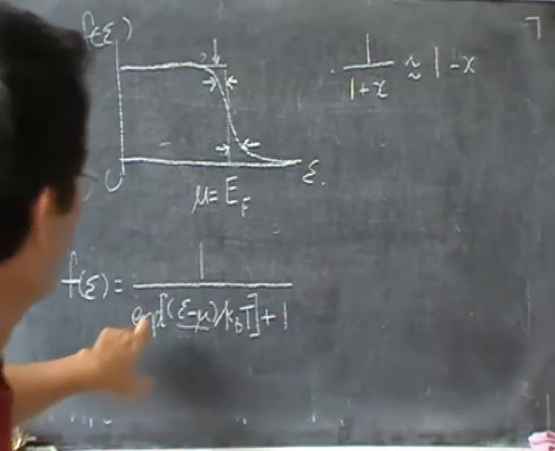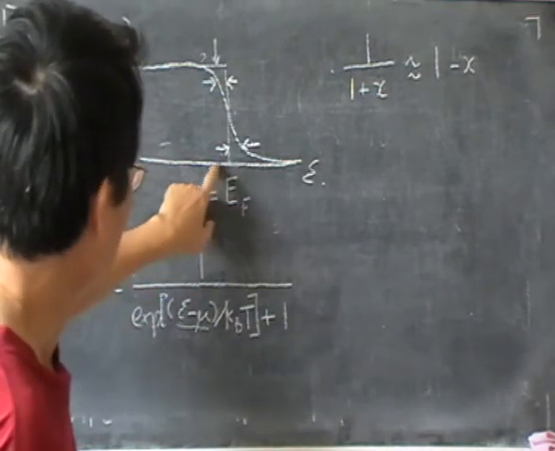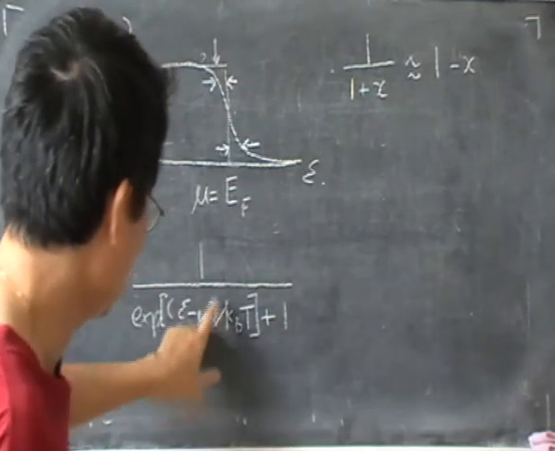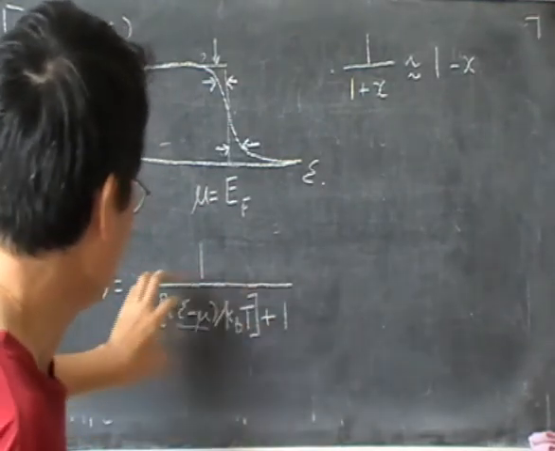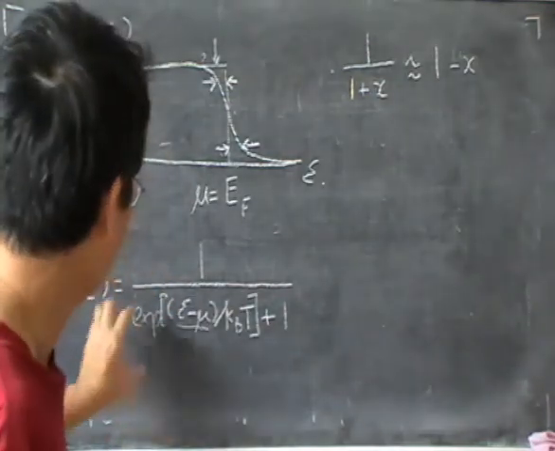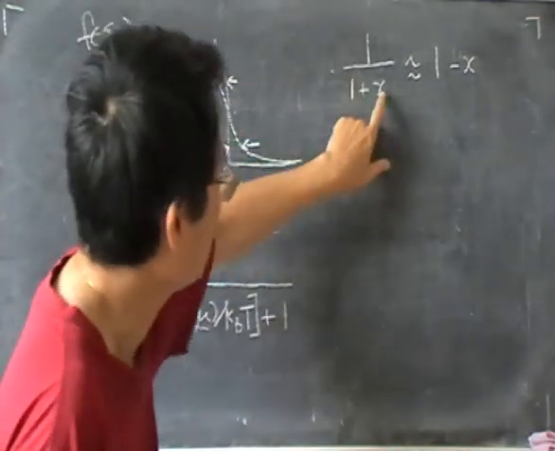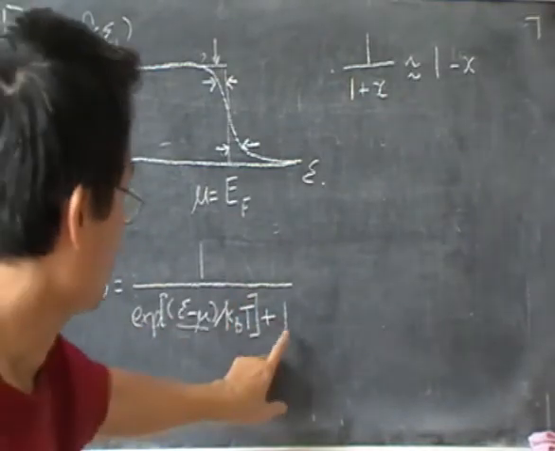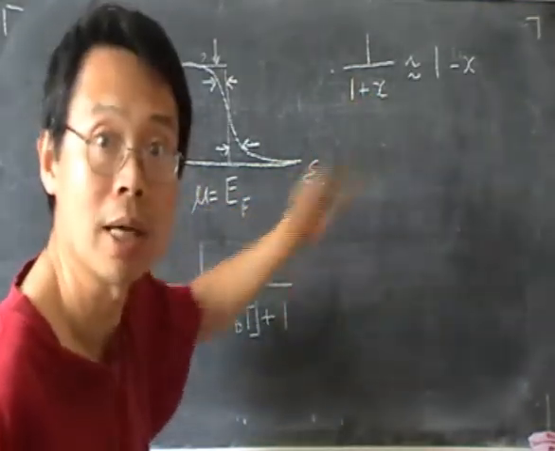So in this case, when E is below mu, that is negative, and this exponential quickly becomes small. Now if you compare this with this, the x there corresponds to the exponential. I have a plus 1 there and I have a plus 1 there.